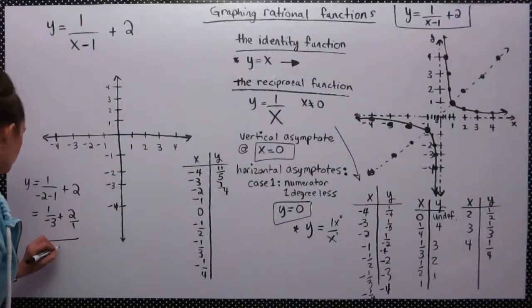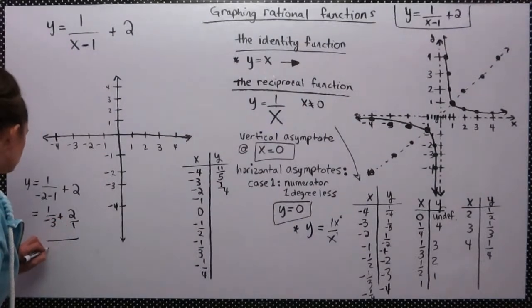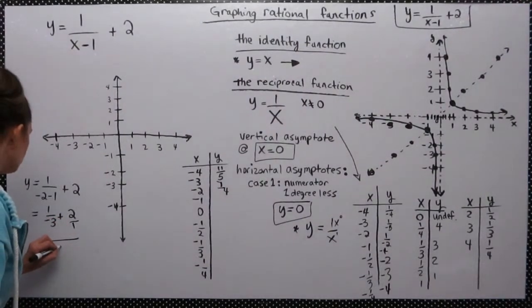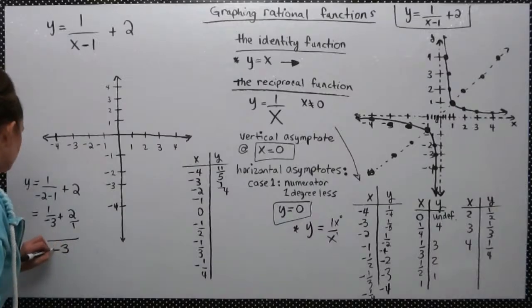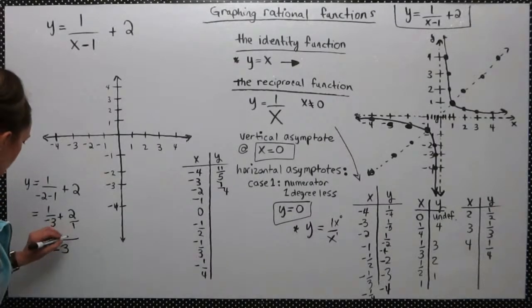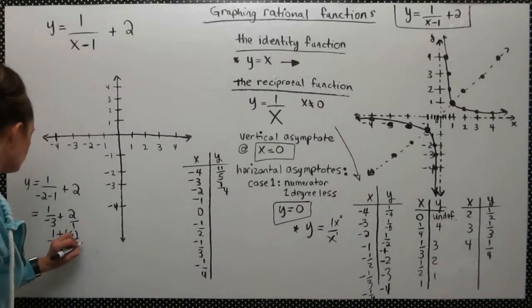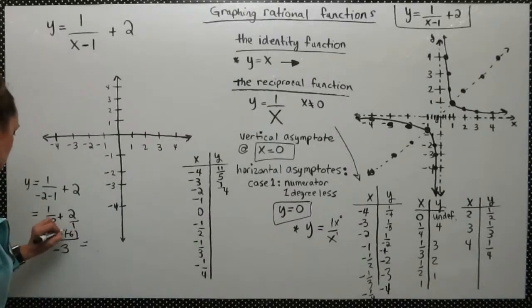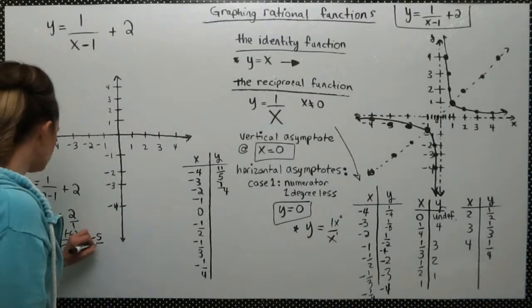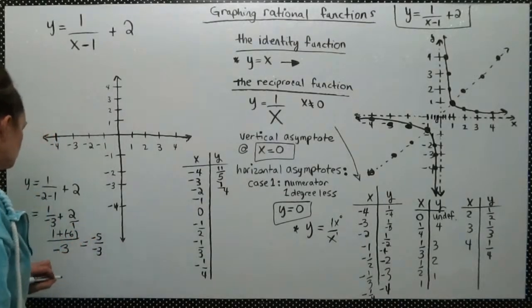All right, so our common denominator would be -3. So we've got 1, and then it's going to be plus or minus. So -3 times 2 is -6. All right, so then that's going to be -5 over -3.